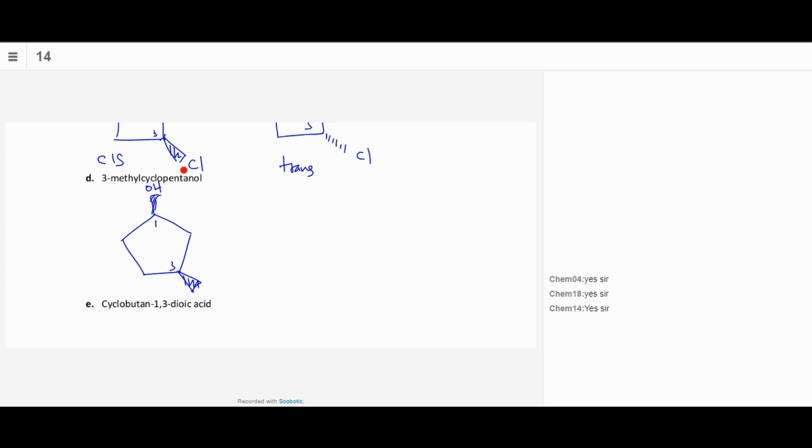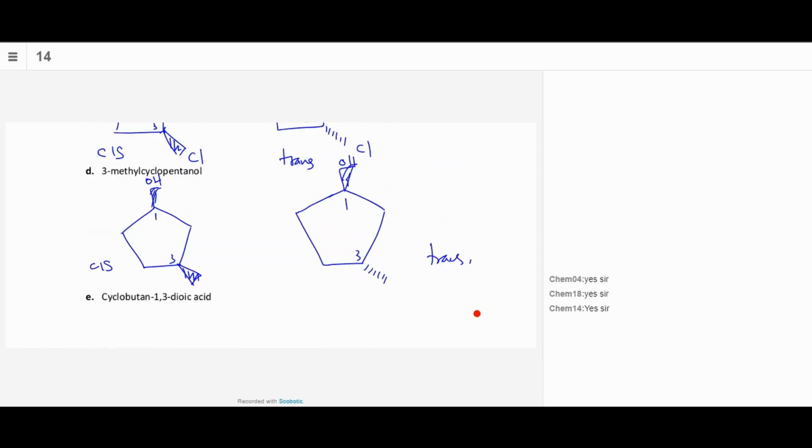So you have the methyl group and the OH group. You can take it as cis, even though they are different groups. But generally we get similar groups. But if it's different, this is how we can name it. And if one comes out and the other one goes in, then that is trans, even though they are different groups.